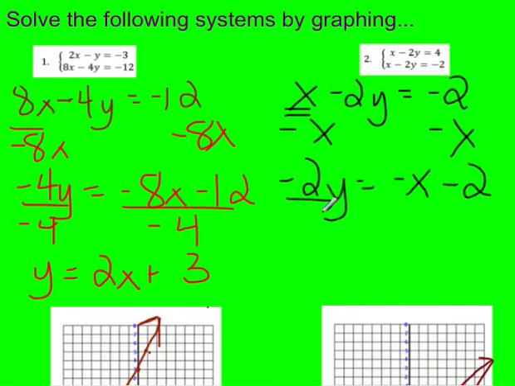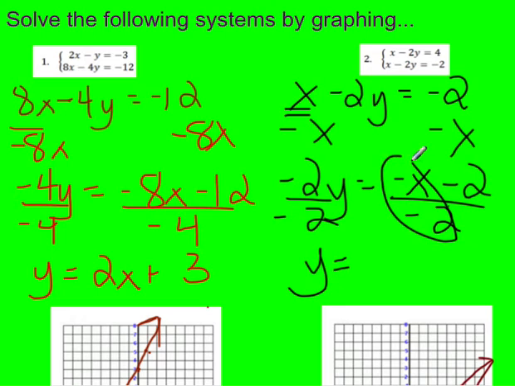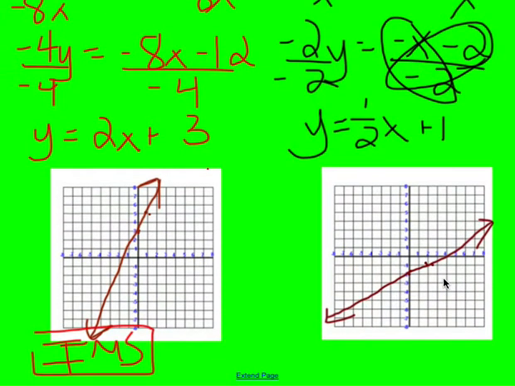Then we're going to divide both sides by a negative 2. So then we get y is equal to negative 1 divided by negative 2. That's going to give me a positive 1/2 x. And negative 2 divided by negative 2 is just going to give me 1. So for this one, we're crossing the y-axis at 1, and then we're going up 1 over 2. And we're going to go ahead and draw a straight line there.